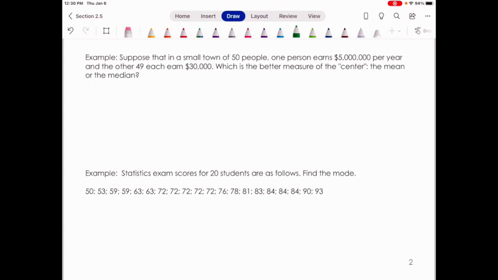When we use the word mean, sometimes that's used interchangeably with the word average, but what is important to understand is that the mean is a kind of average, and so is the median, and so is the mode. The word average describes, in general, the measures that you can use to describe the center of the data.